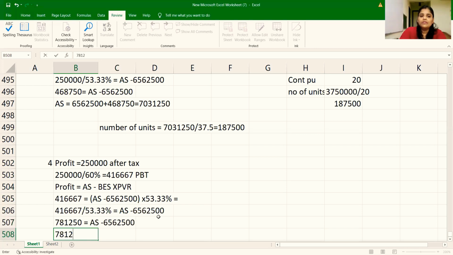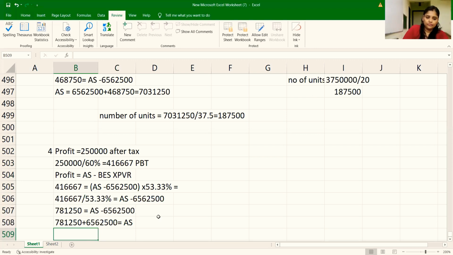So 7 lakh 81,250 plus 65 lakh 62,500 is equal to your actual sales. So it is coming to 73 lakh 43,750.